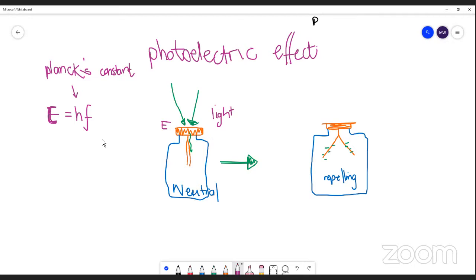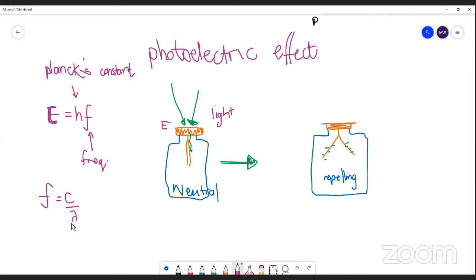And F is the frequency of the light that you are using. And very importantly, there's this formula from grade 10 that F is equal to c over lambda.